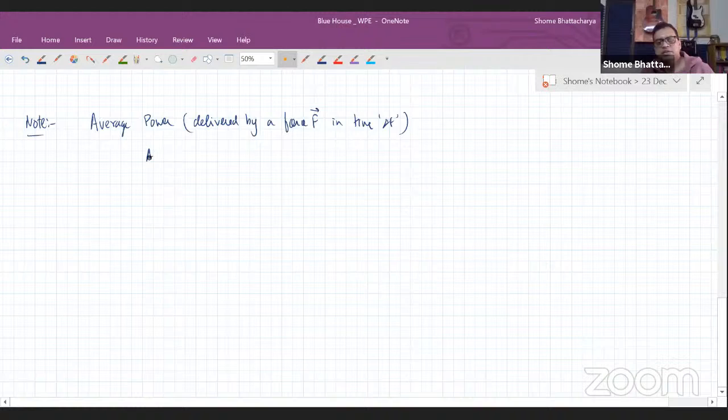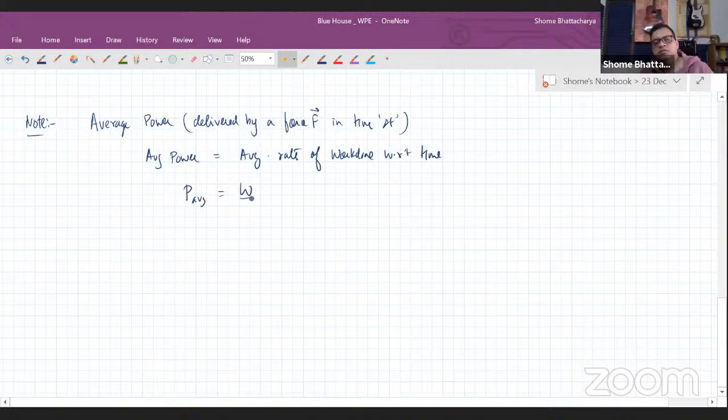This will be defined as the average rate of work done with respect to time. So average power will be defined as work done upon total time. That is integral of F dot ds divided by the time interval.